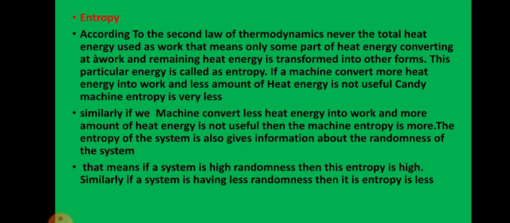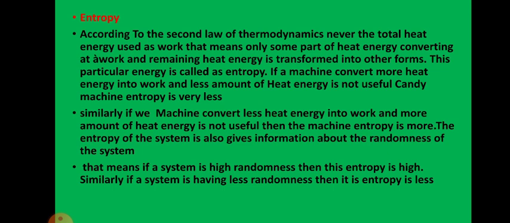So according to the second law of thermodynamics, the total heat energy is never used as work. That means only some part of the heat energy is converted to work, and the remaining heat energy is transferred into other forms. This particular energy is called entropy.